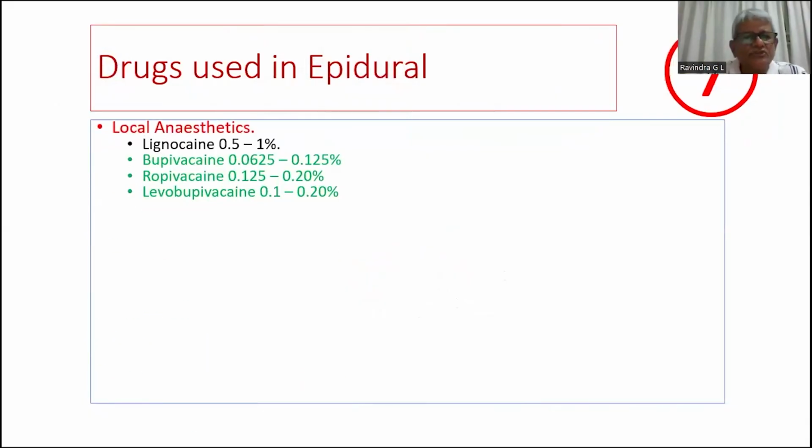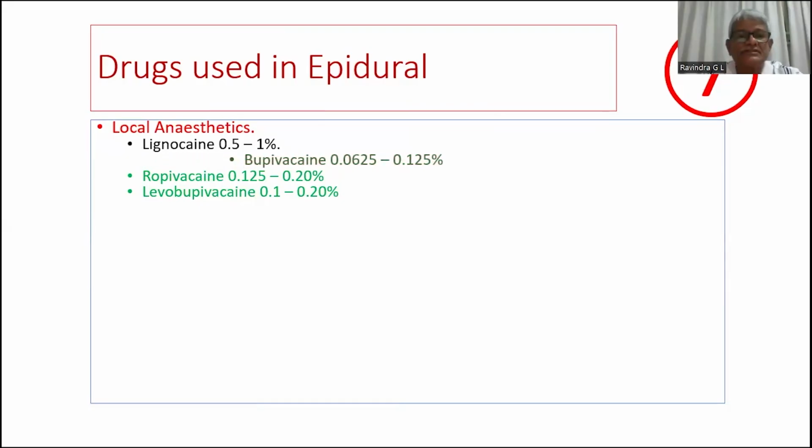So the drugs used in epidurals, the local anesthetics. We all know all local anesthetics have been used, starting from the one which has been used for a long time. The first spinal which was given, from that time onwards, every local anesthetic has been used for labor analgesia.